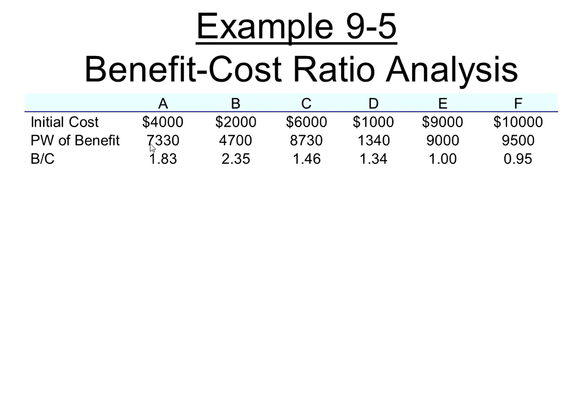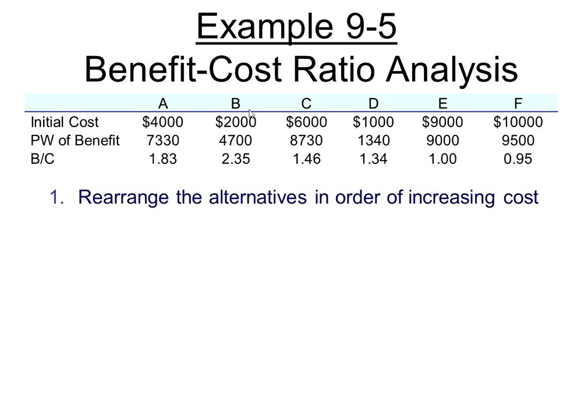And so we have those present worths of benefits, we have the benefit to cost ratio. So D, when we're comparing D to nothing, this is 1.34, it's higher than 1, so we're going to choose D. And then we're going to compare D to B, because B is the next one.